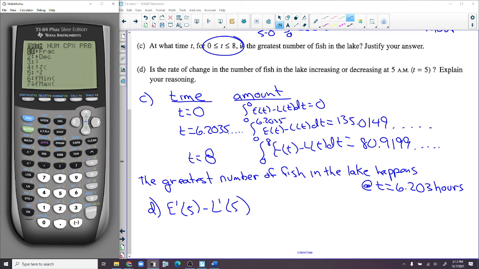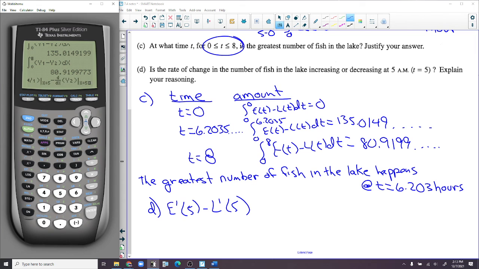So math number 8 does derivative at a point. With respect to x, I have the equation in y1. We're evaluating at 5, so that is actually the entering. And then we'll minus the derivative, math number 8, of y2, evaluated at 5.